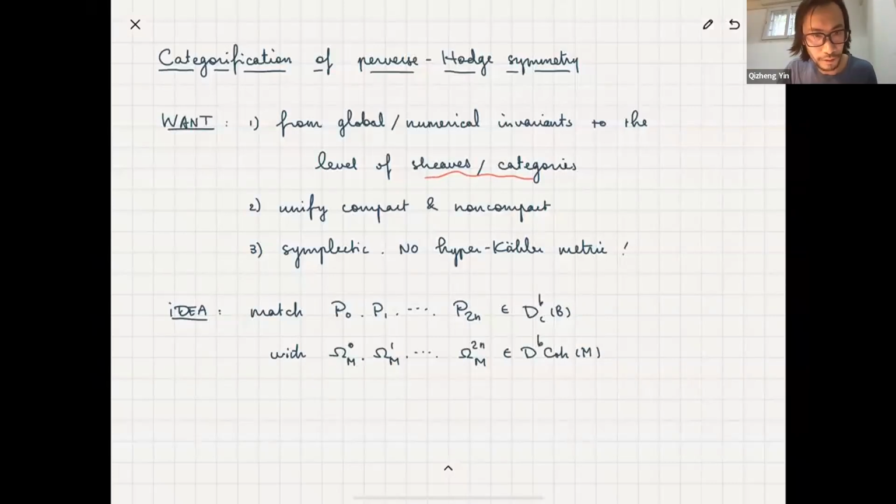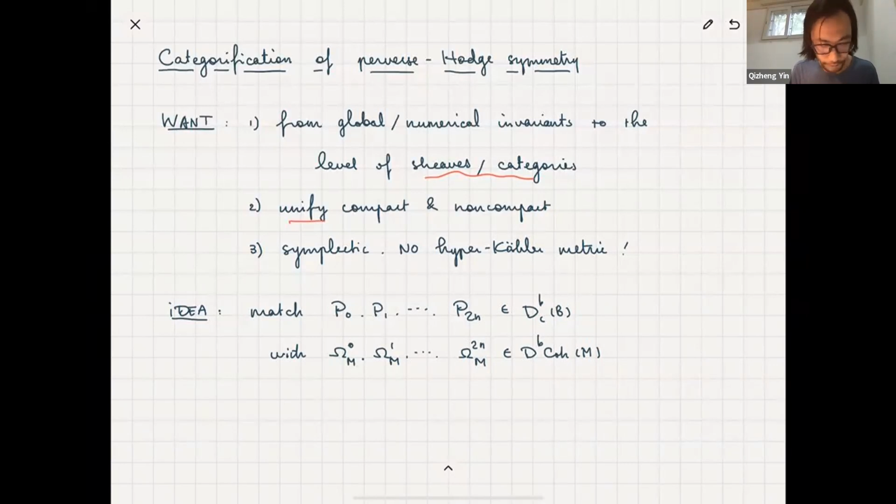And the second goal is: in the compact setting we're satisfied with numerical invariants, but we also want to see if there's a way to unify the compact and the non-compact settings. For example, we'd like to make a statement which makes sense for, say, Hitchin fibrations. So this is to unify compact and non-compact.